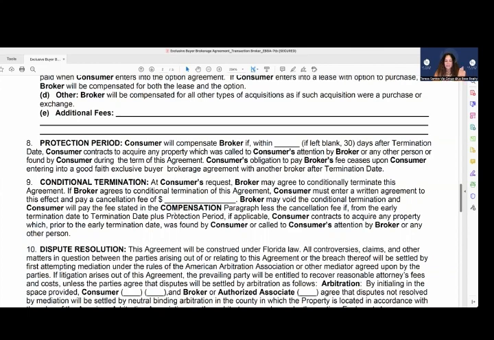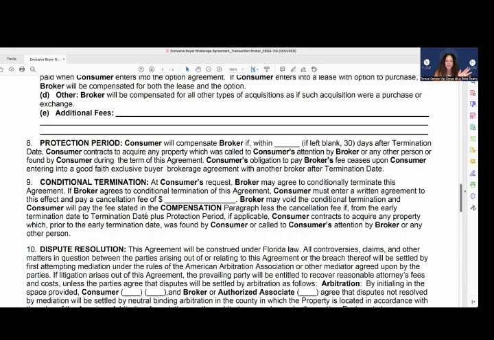Okay. But this is saying cancellation fee. If the broker decides, they gave them a conditional, they said okay, we're going to cancel the agreement, but broker may void the conditional termination.